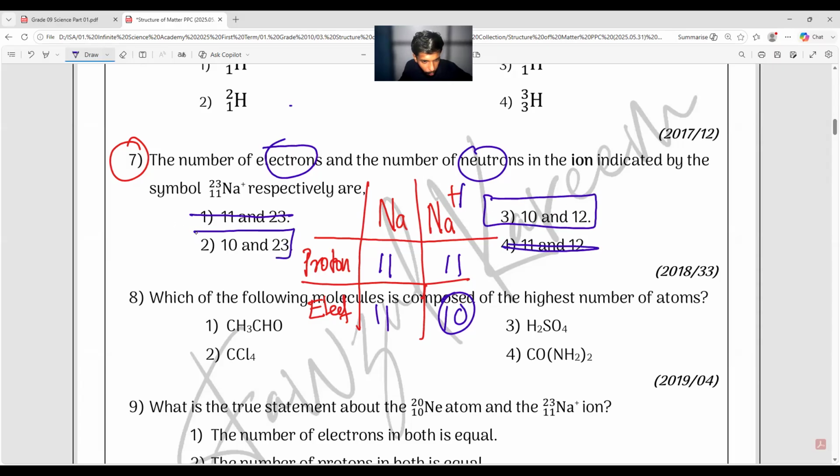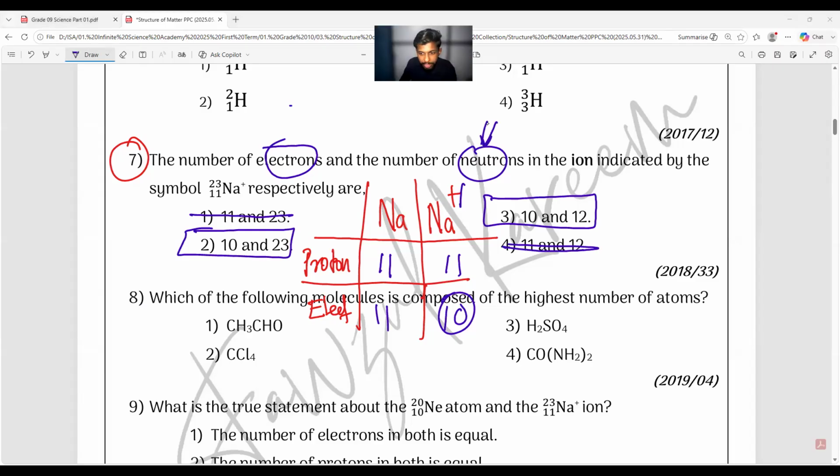Now, a new thing. We have already learned this one, but today I didn't explain that. How to find the neutrons? We have calculated the protons now. Protons equal 11, but we don't know the value of neutrons. Listen to the example.